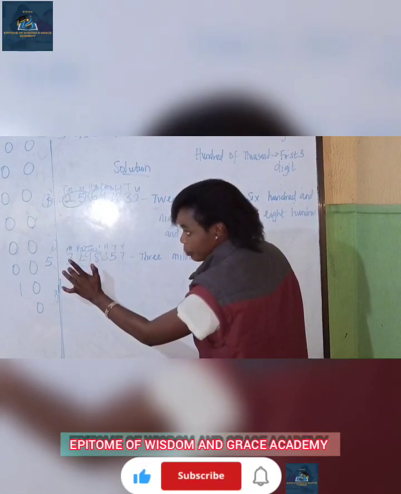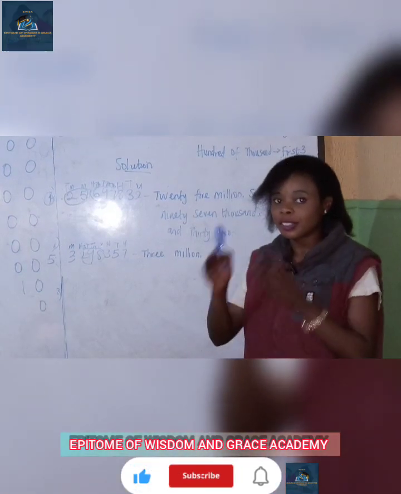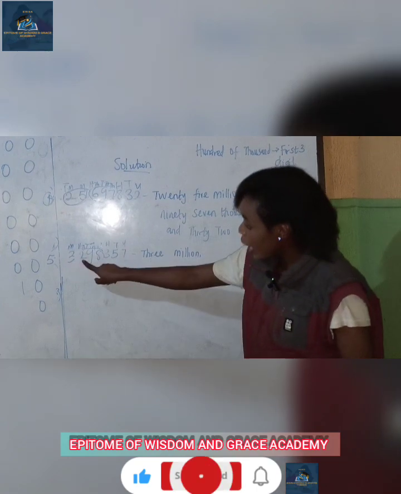I'm going back again. 3 million. This is a million. Now this is hundred of thousand. When you hear hundred of thousand, you pick the 3 digits. So we have 298.